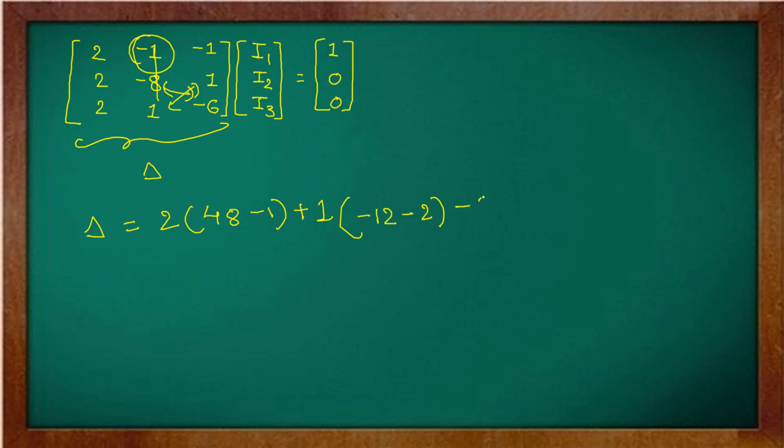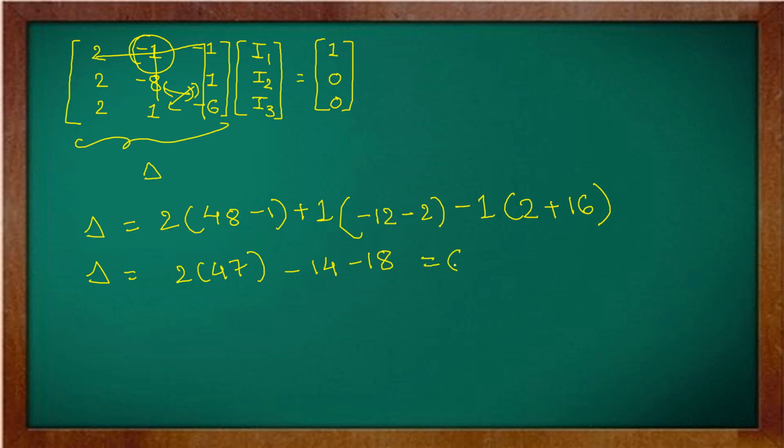Then -1. Now eliminate this row and column. So what we get? 2 minus plus 16. So the determinant will be 2 into 47 minus 14 and minus 18. If you solve this, then you will get 62.